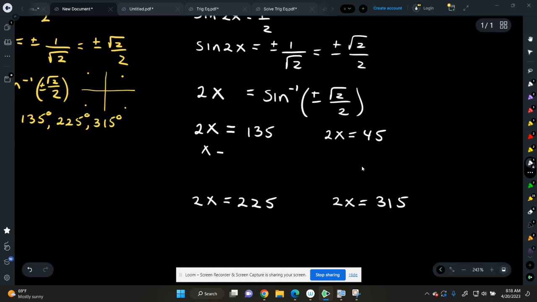So x equals 135 divided by 2, which is what, 67.5? X is equal to 22.5. X is equal to 112.5. And x is equal to, thank you very much.